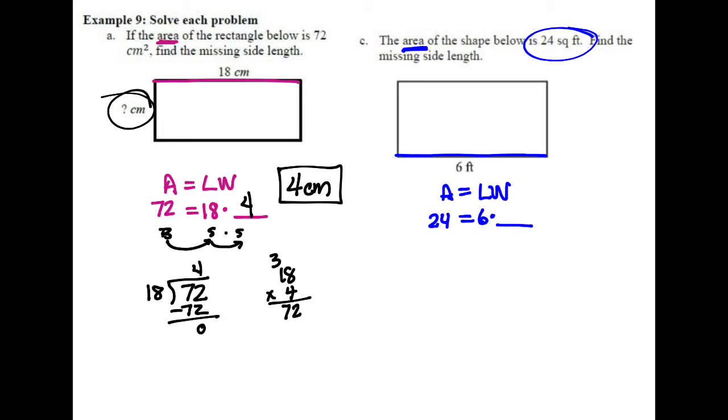Like we did before, we're going to take the big one divided by one of the small ones to get us the other small one. So in this case, we're going to do 24 divided by 6, and that's 4, right? So our answer is 4 feet. Make sure you have your label.